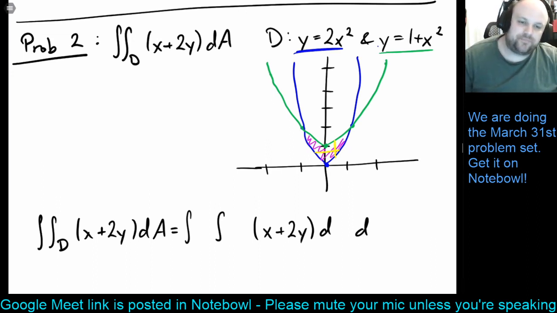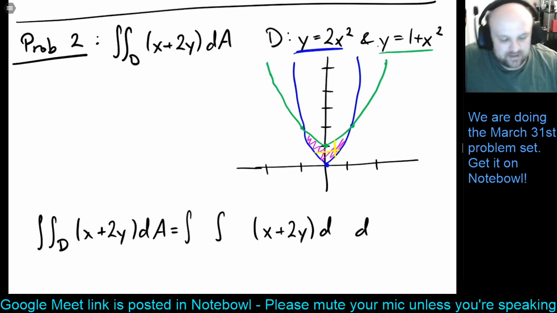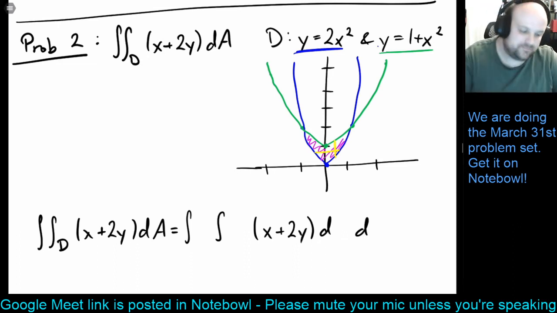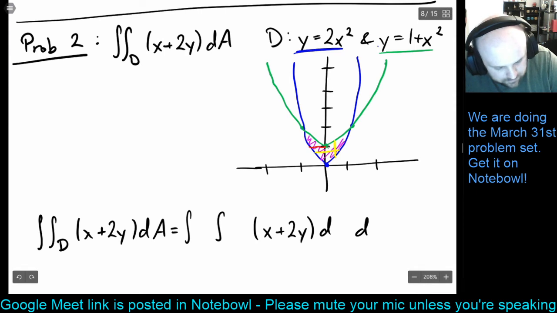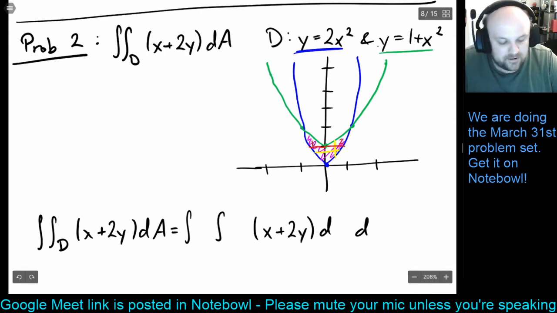If we tried to describe it from left to right, we would end up with 3 different pieces. We'd have this piece up here, this would be another part, because here the left is blue and the right is green.